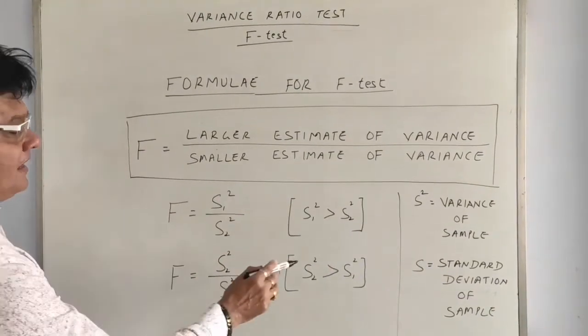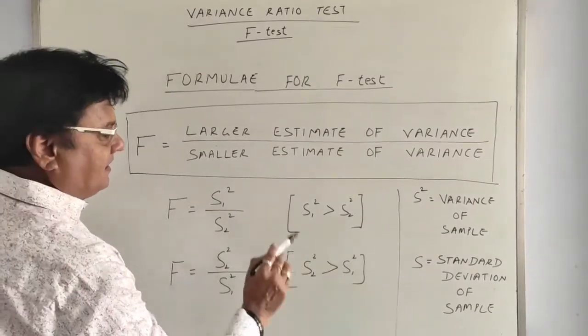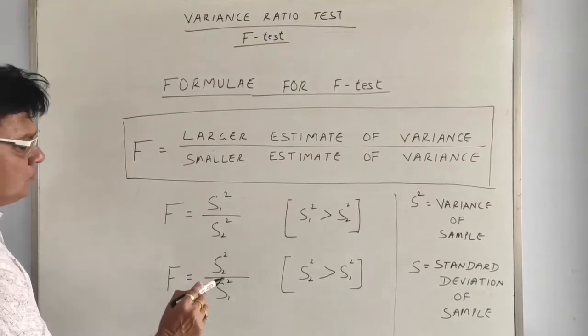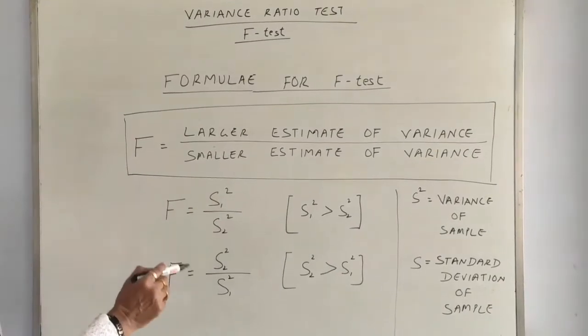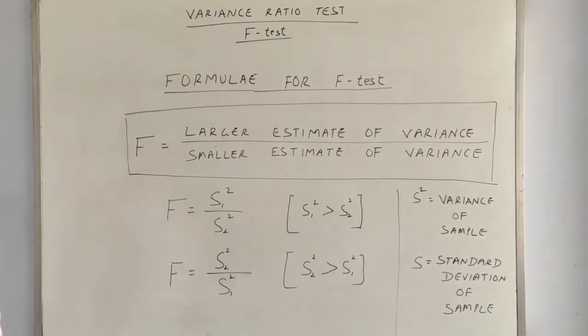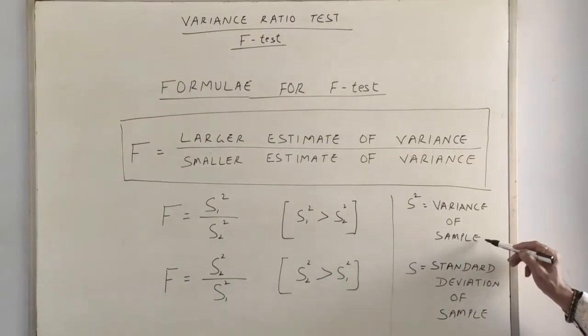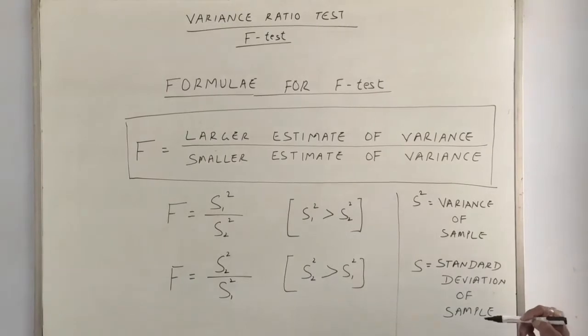And if S2 square is greater than S1 square, then the formula will be F equals S2 square by S1 square. So what are these S1, S2 and S1 square, S2 square? S square is the variance of the sample, whereas S, we know, is the standard deviation of the sample.